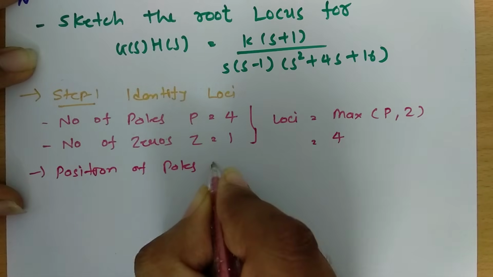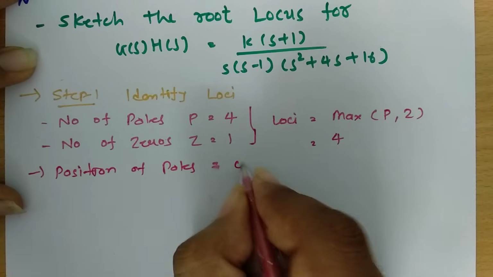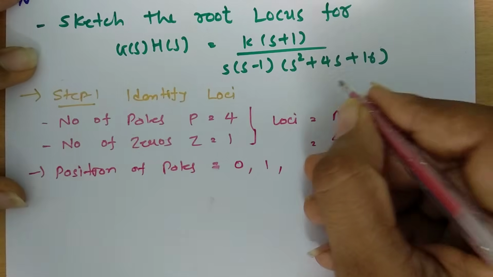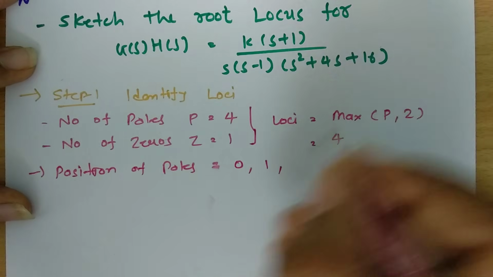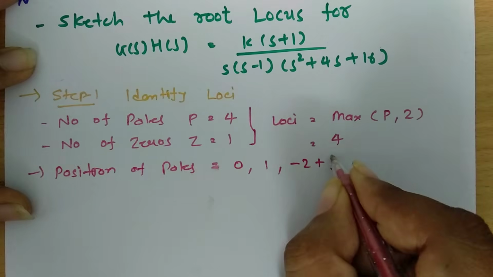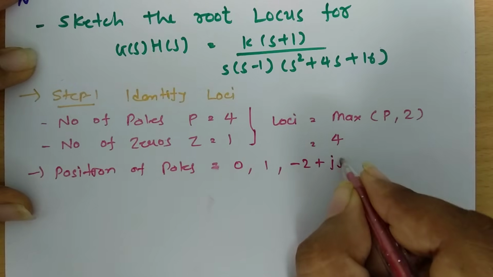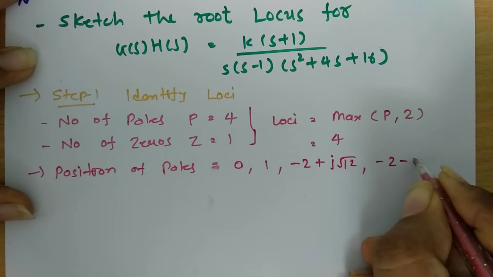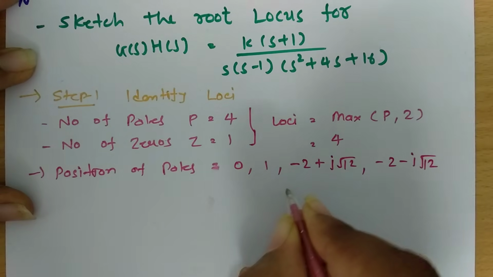And the position of the poles will be at s equals 0, s equals 1, s equals minus 2 plus j square root of 12, and another pole at minus 2 minus j square root of 12.